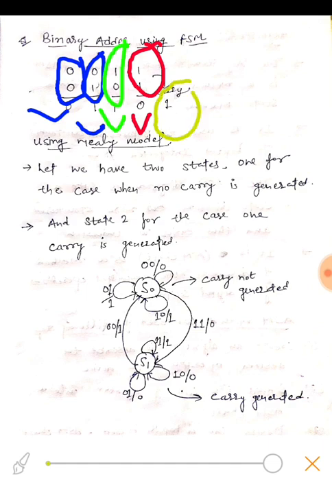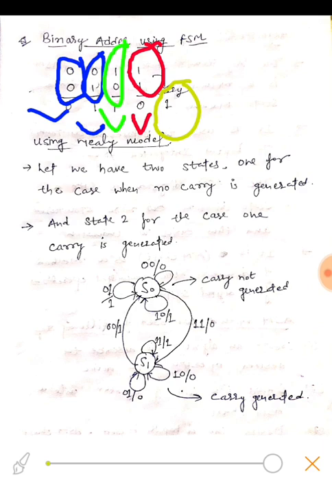This is the important part. The carry would be generated and it would be 1. So if the inputs are 0 0, the sum would be 0. If inputs are 0 1, the sum would be 1. But if both the inputs are 1, the output would be 0 with a carry 1.